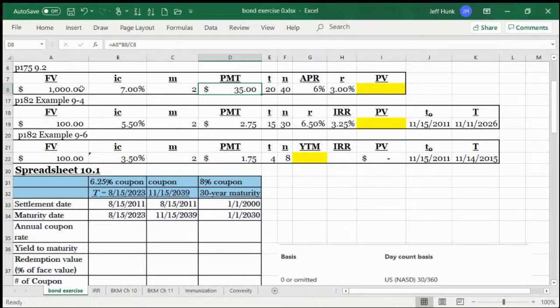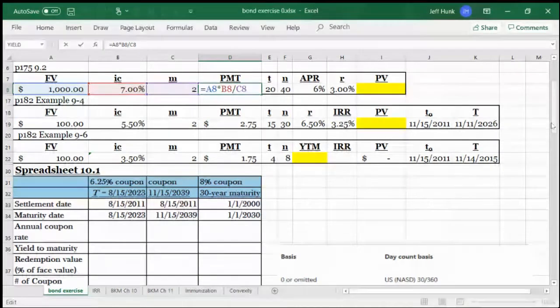Now you might wonder, okay, coupon rate is 7%, and it's 1,000. So shouldn't it be $70? Yes, it's $70 a year, but since coupons are semi-annual, what does that mean? Semi-annually should be $35.